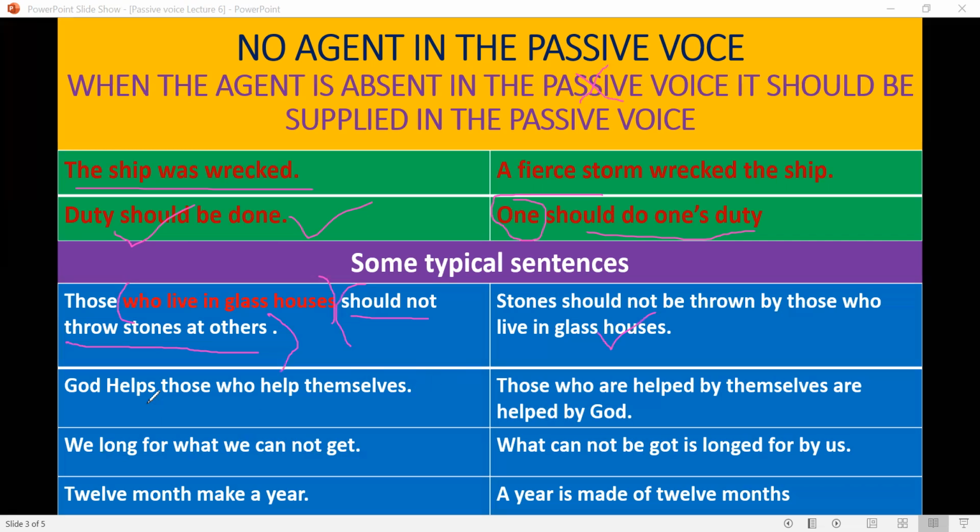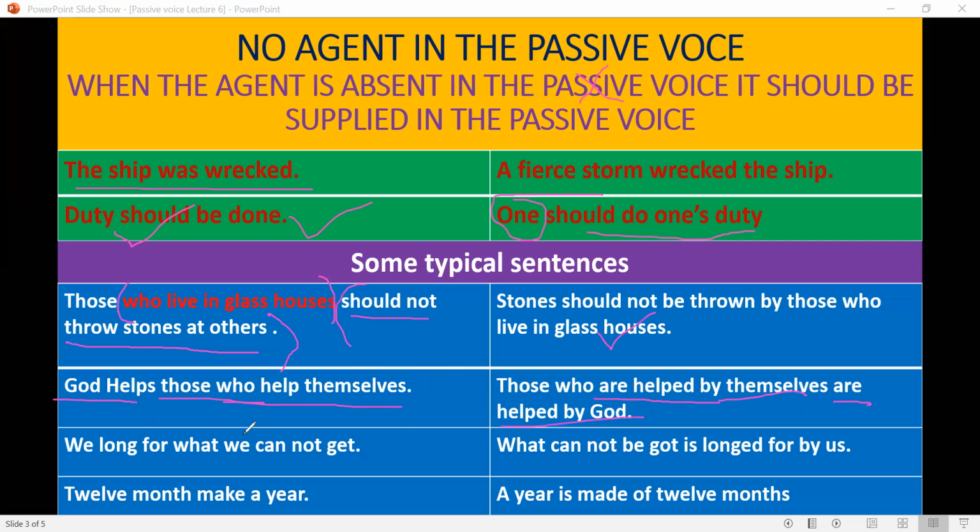"God helps those who help themselves." Those who are helped by themselves are helped by God. We made two passive voices because there are two verbs, help and help. First, are helped by themselves, then are helped by God.